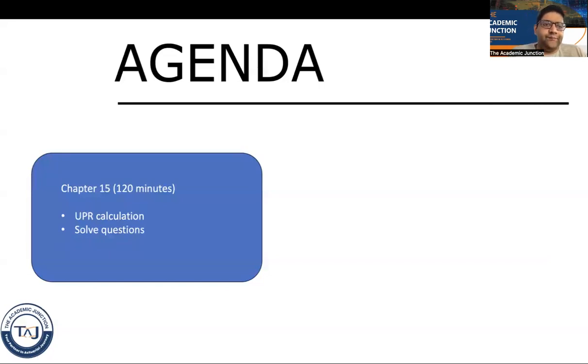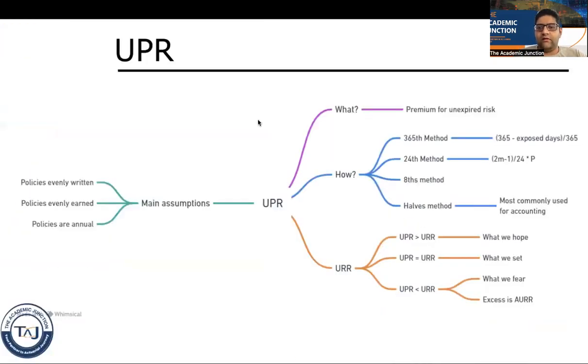We'll then solve questions, based on prior year question papers and a lot of questions that I saw online. So a lot of different sources are there, and I think it'll be enjoyable. So UPR, let's dive right into UPR.